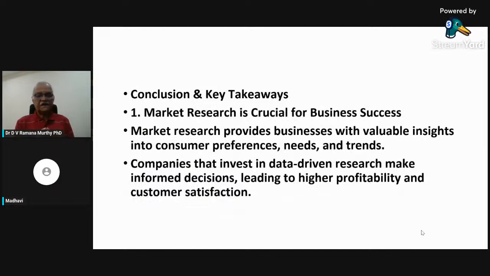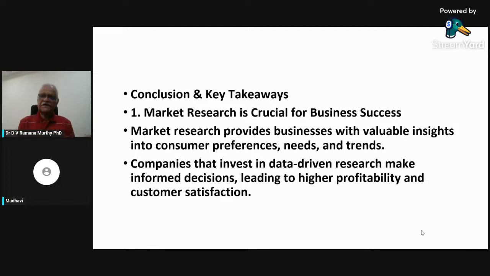Next is what market research is all about. Why is it said to be very crucial, and why are business success stories based on getting correct ground level reality in the market? Market research provides businesses with valuable insights into customer preferences, needs, and trends.